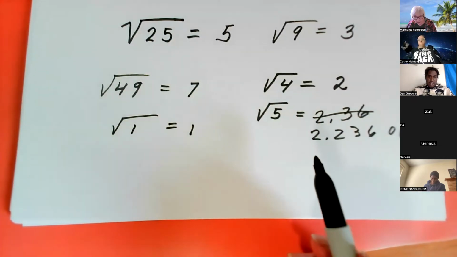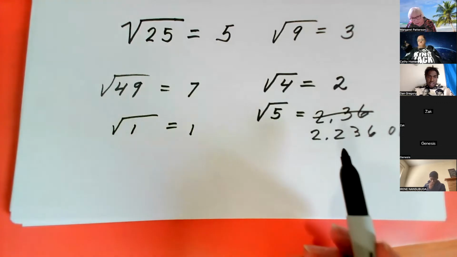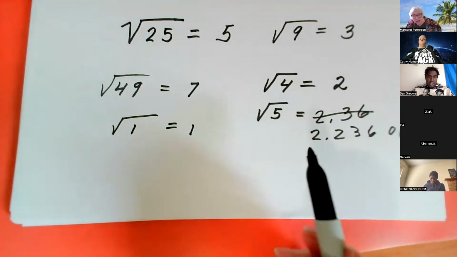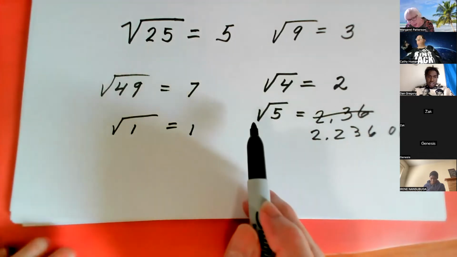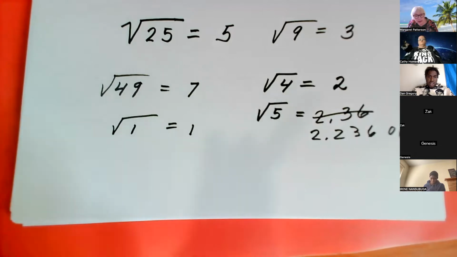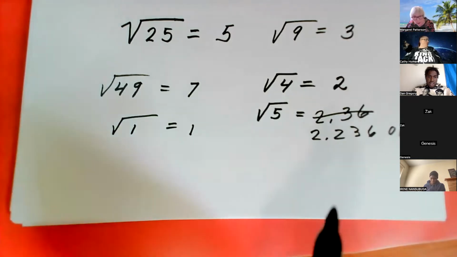If you needed it, there would be rounding instructions, because you can't write the whole thing. The exact answer would be square root of 5. That includes every last bit, as forever, how it keeps going.